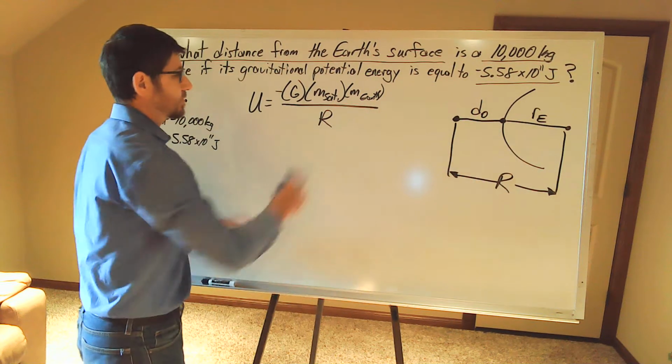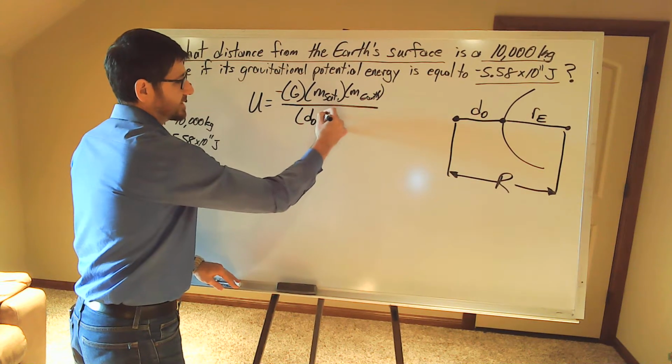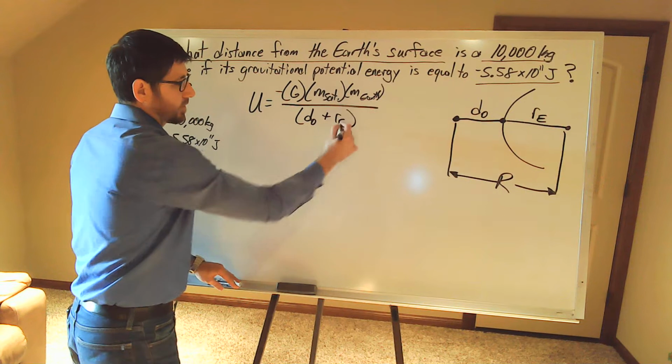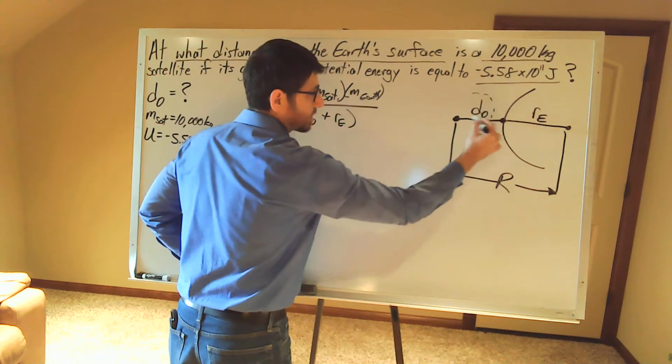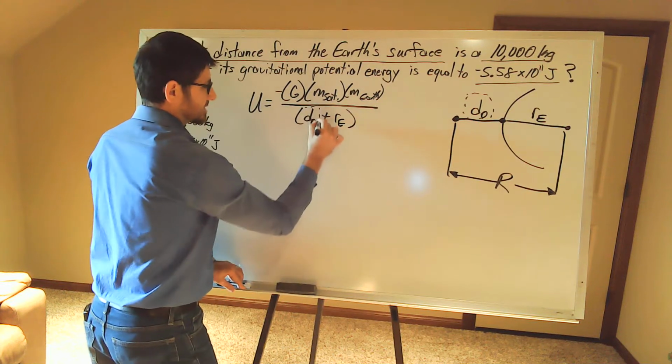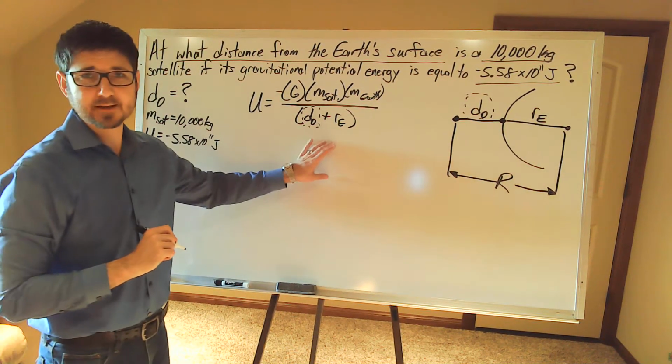So let's go ahead and expand our denominator here and write d sub 0 plus r sub e. Okay? Now this is what we are trying to calculate.